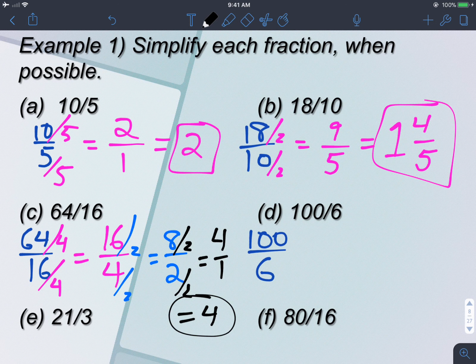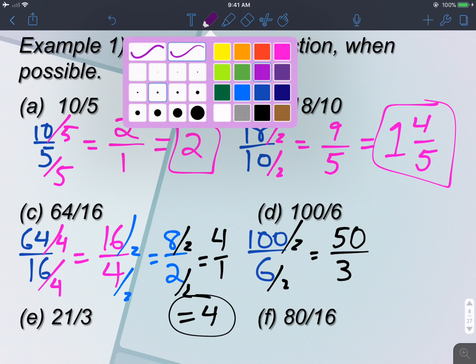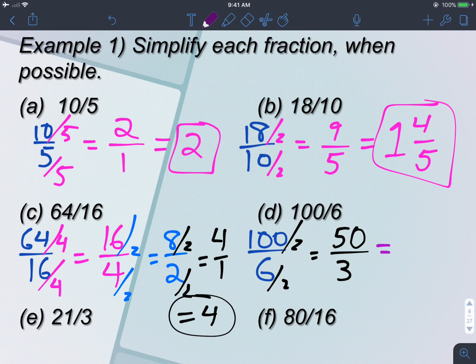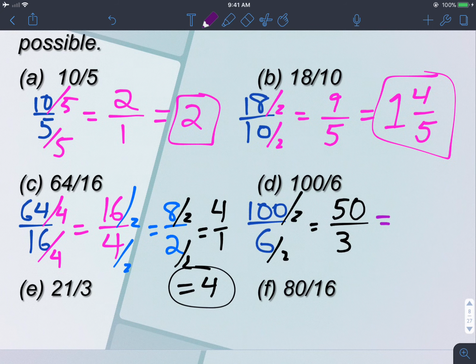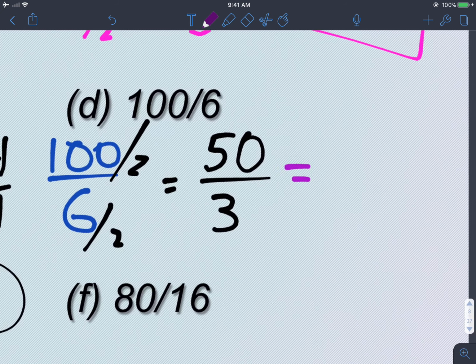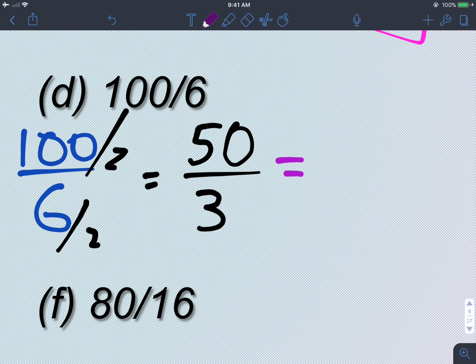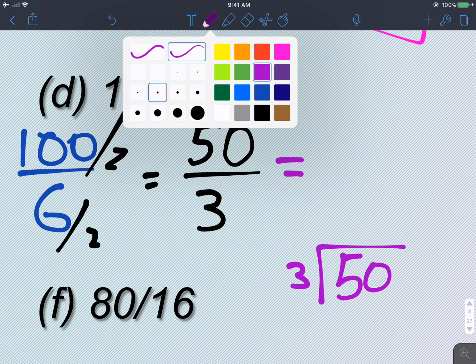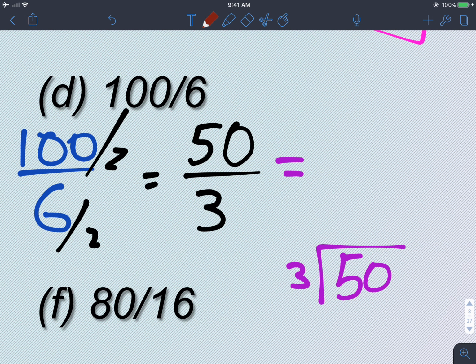How about 100 over 6? Sure, divided by 2 again. Ooh. Let's write this as a mixed fraction. How many times does 3 go into 5? 1.